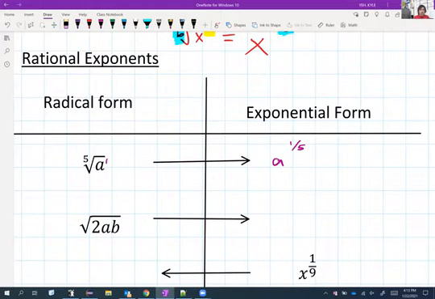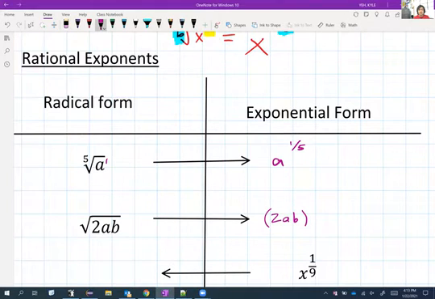The second one I chose kind of intentionally. It's a square root, which has no 2 written here for the index, but there's nothing written there for the index, so it is assumed to be a 2. Square roots are probably the most common, so we don't always like to write them. But make sure that we are using parentheses.